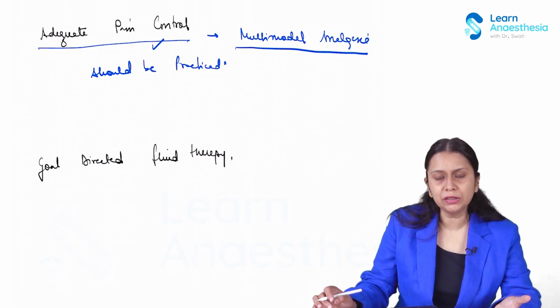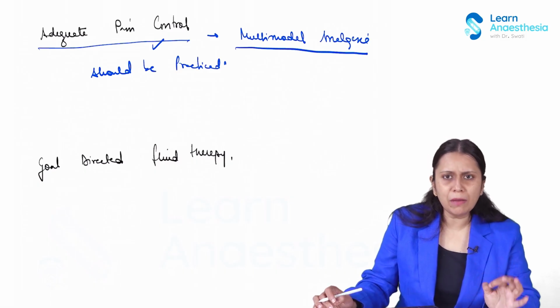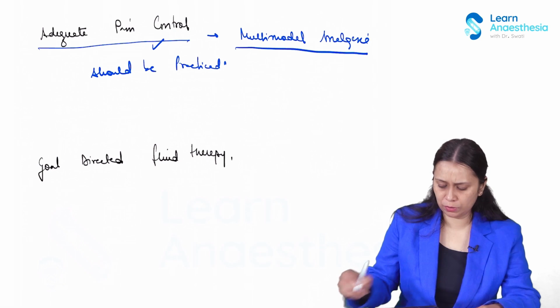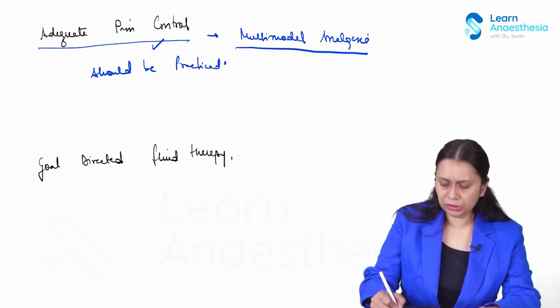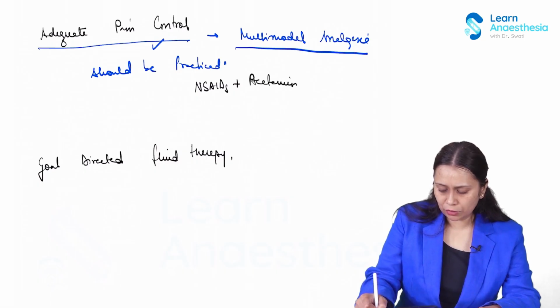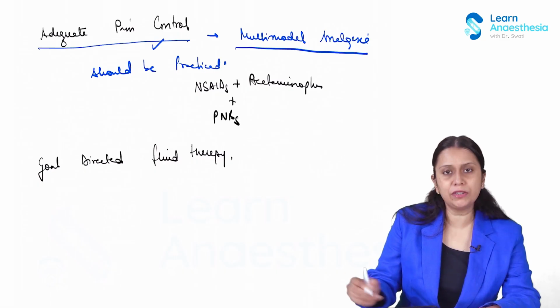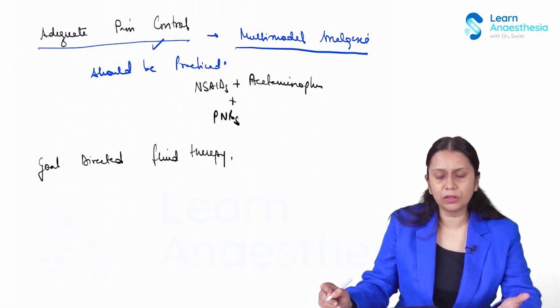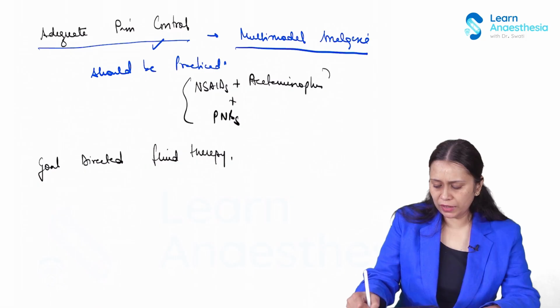Now the one thing we need to take care of is that when we are employing multiple pain control strategies, remember to minimize the opioid as much as possible. So in all the patients in whom NSAIDs can be given, NSAIDs plus paracetamol, acetaminophen combination, along with the peripheral nerve blocks, if it is feasible for the surgery, should always be practiced in all patients, right?